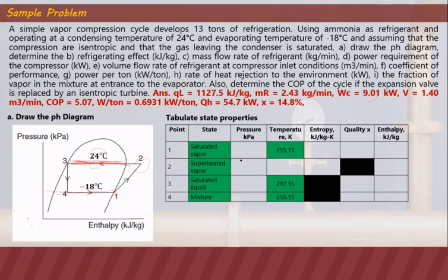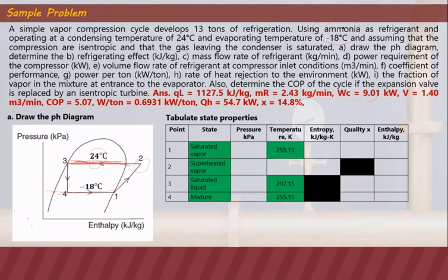From thermodynamics, we learned that if we know two properties, then we can identify the other, unknown properties. We have here the state at point 1 is saturated vapor, and the temperature is 255.15 Kelvin. So using the refrigerant software, here we are going to use the properties of ammonia.